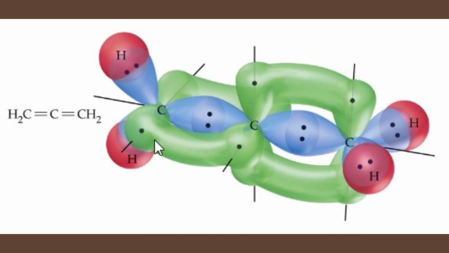See here, this one is pz, this one is pz, this one is pz, and this carbon is doing pi bonding now with py. This one is py, this one is py. Now these two are in the xz plane. This carbon uses its py orbital in pi bonding, so px and pz are left behind for sigma bonding. So this one is in the xz plane, this sigma bonding, okay, and this one is in the xy plane.